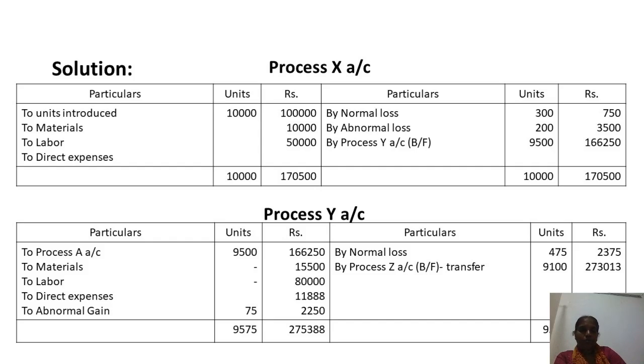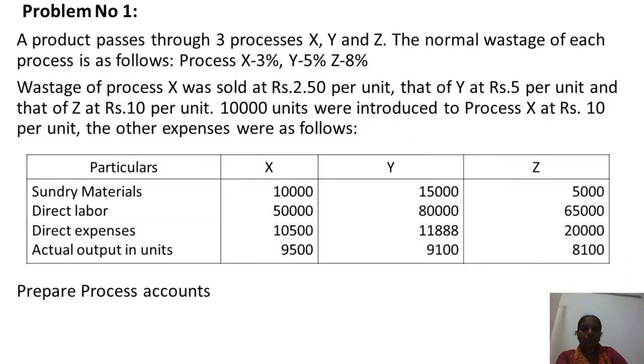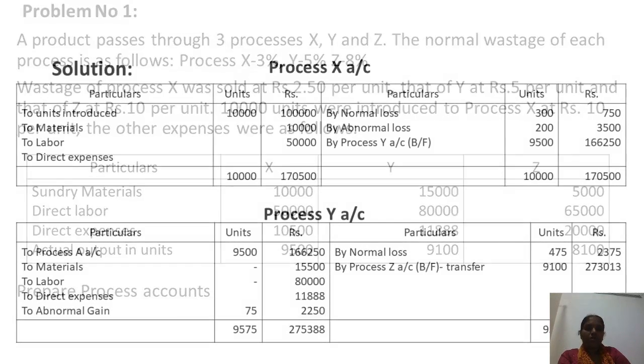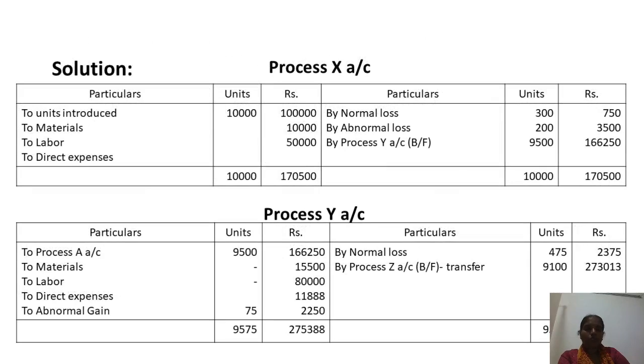That is, how many units have been transferred from Y to Z. Actual output in units is 9,100. That unit has been transferred from Y to Z, that is 9,100.